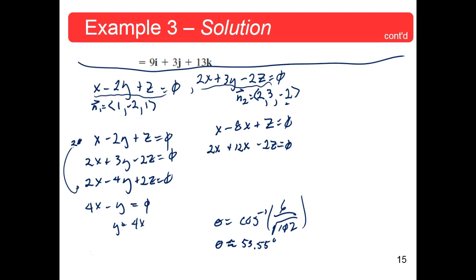Now that second equation, forget that. These two become minus 7x plus z is equal to 0, and this one becomes 2x plus 10z is equal to 0.